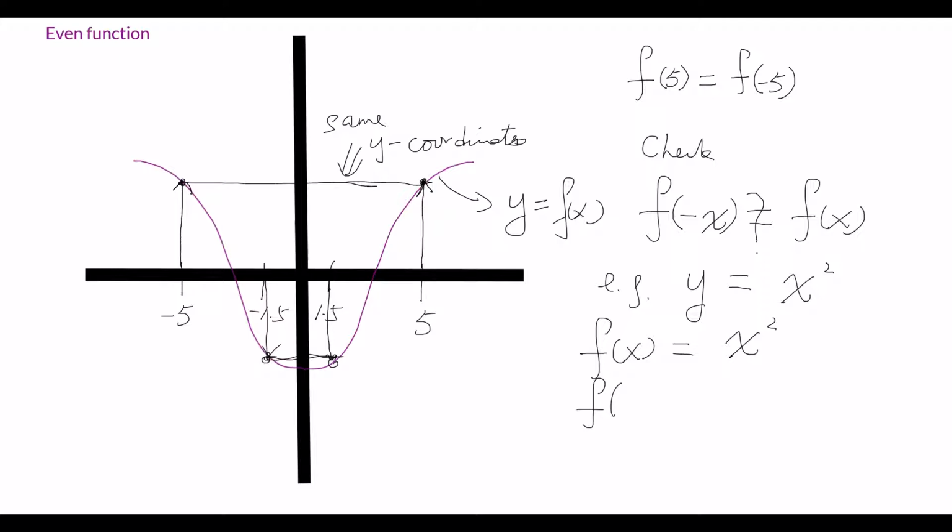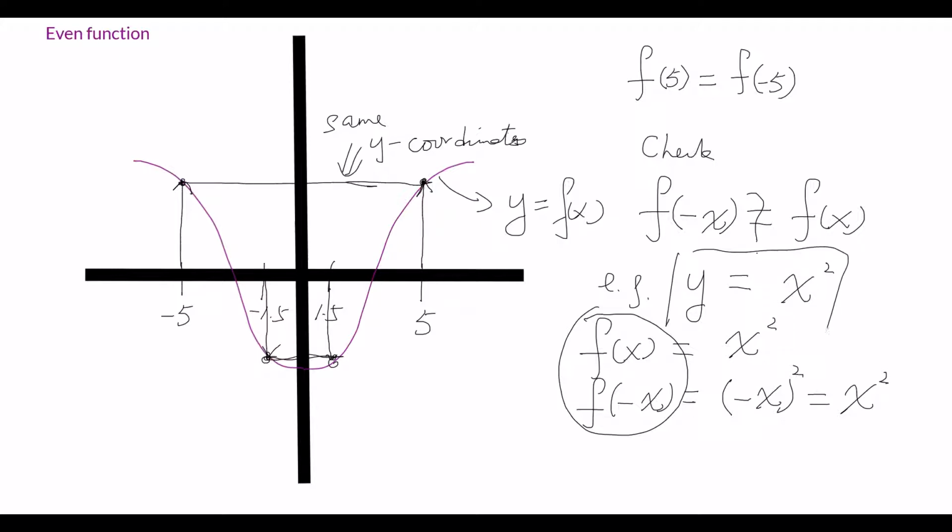But if I have f(-x), it means I replace x by -x, therefore we have (-x) squared, but it turns out the same as x squared. Therefore, these two are the same. Then it means this function is an even function.